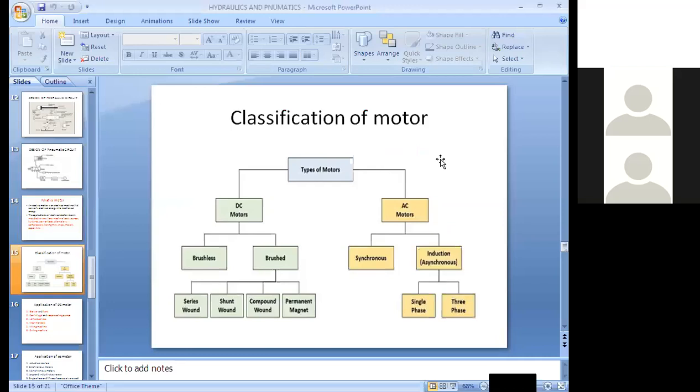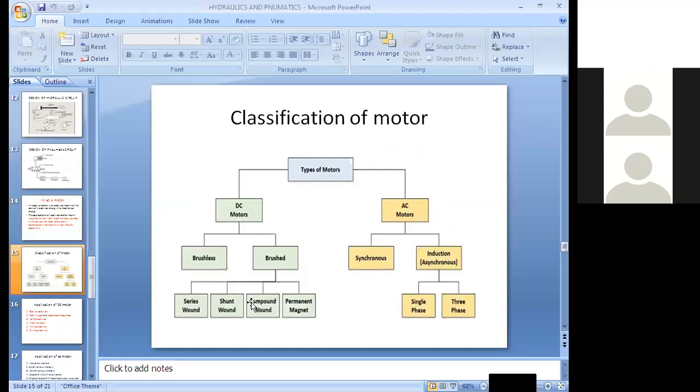Classification of motors: how the different types are classified. Mainly two classifications, DC motors and AC motors. DC means direct current and AC means alternating current. In DC, there are again two subclassifications: brushless and brushed.